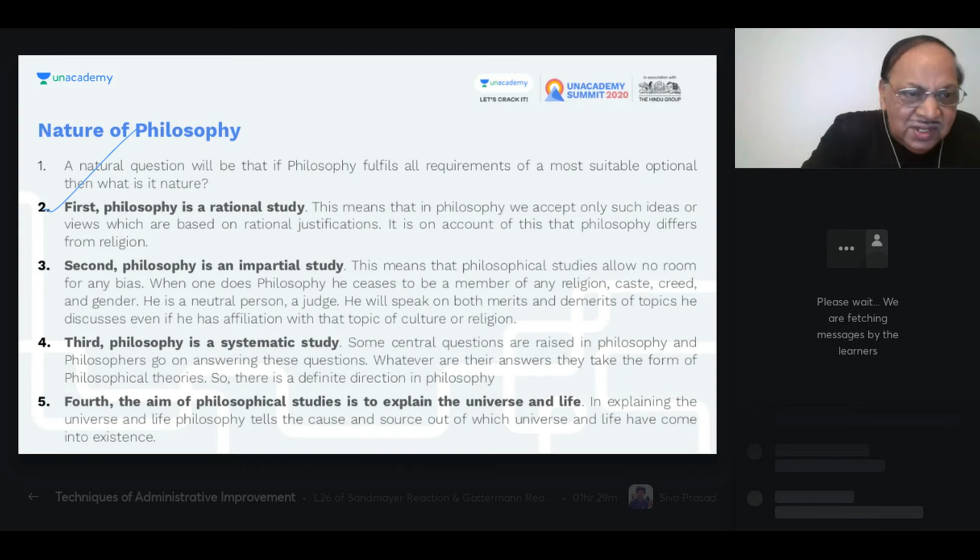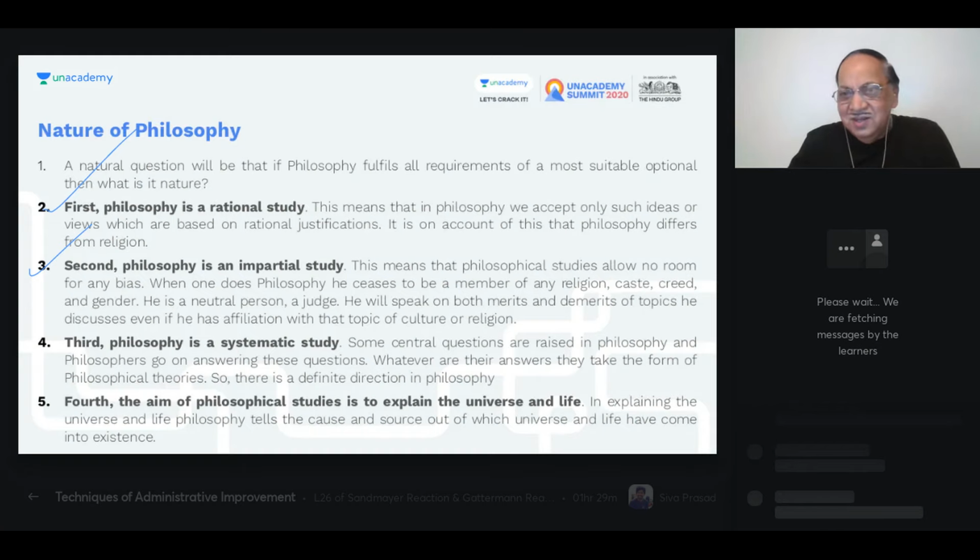The second point is that philosophy is an impartial study. The time you start studying anything from the point of view of philosophy, you have to have an impartial study of the subject, even if you have certain affiliation or alliance with that topic.